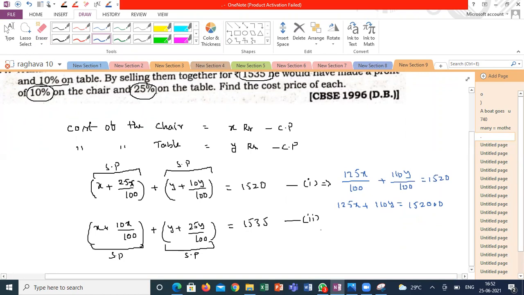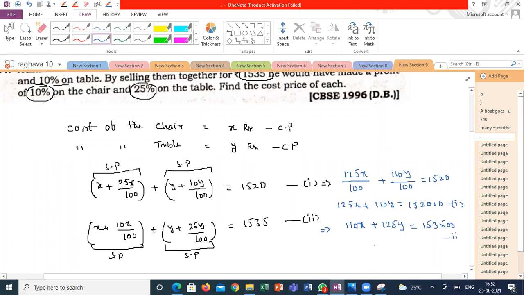The next one, same as here: 110x plus 125y is equal to 1535 hundreds, that is 1,53,500. So this is my first equation, and this is my second equation.